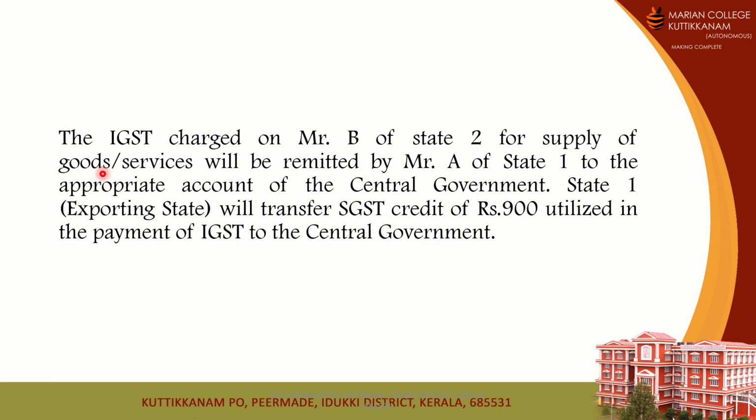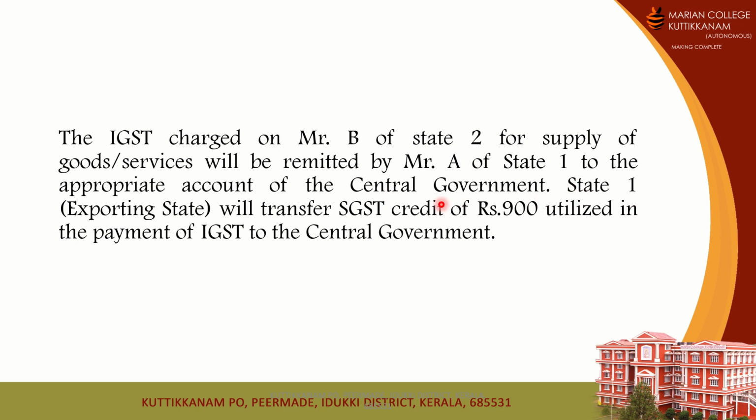So let's see the explanation. The IGST charged on Mr. B of state 2 for supply of goods or services will be remitted by Mr. A of state 1 to the appropriate account of the central government. Okay. So Mr. A, when he sells the goods, collects a price from Mr. B inclusive of the IGST amount, and the appropriate amount of tax will be remitted by Mr. A to the appropriate account of the central government.